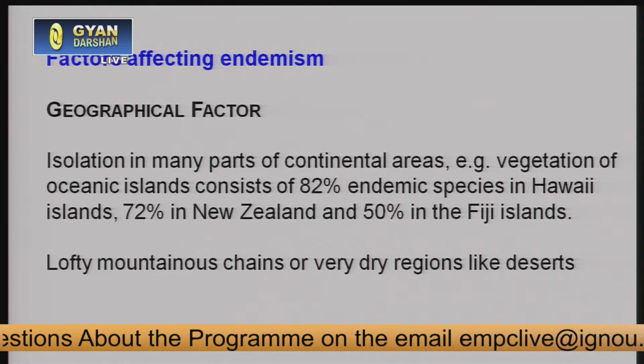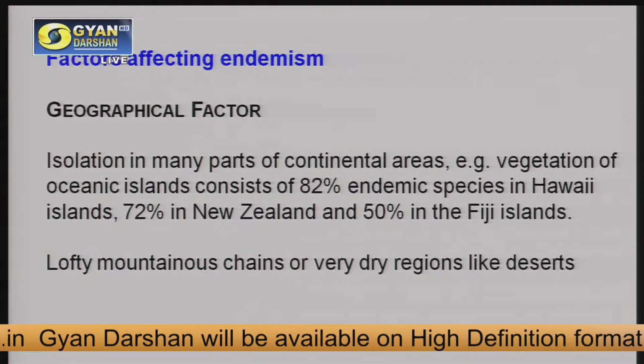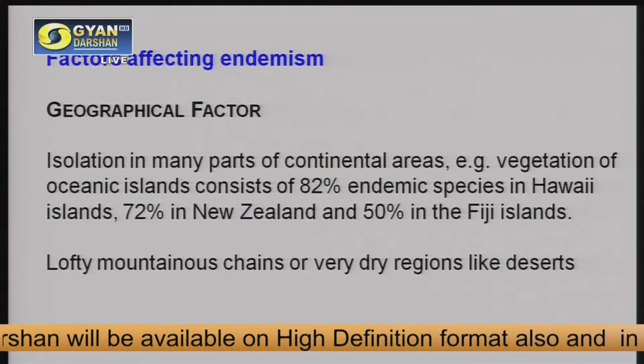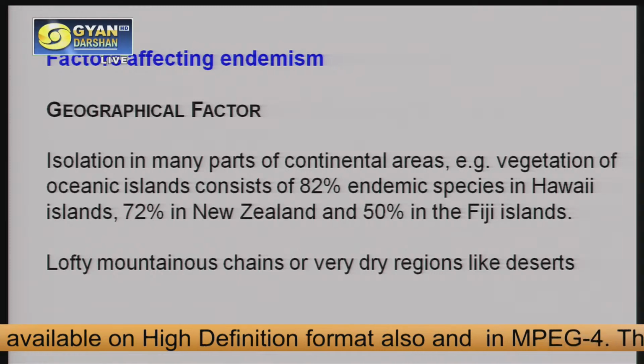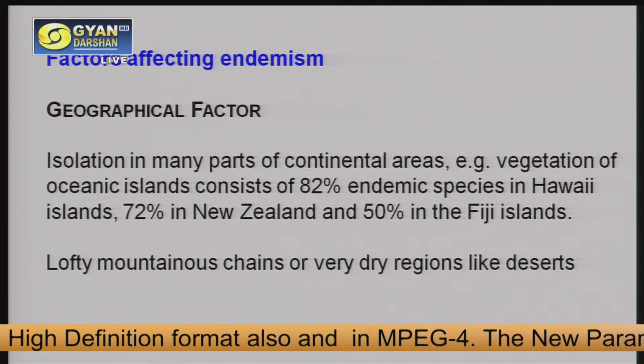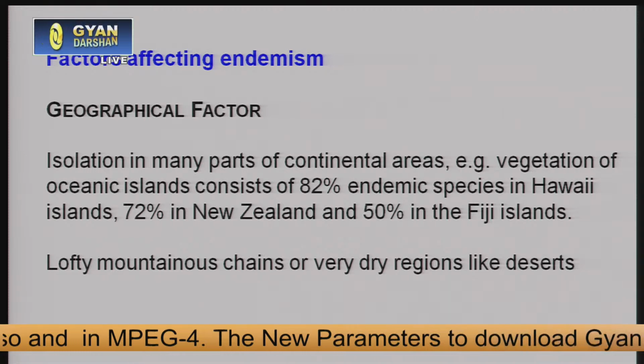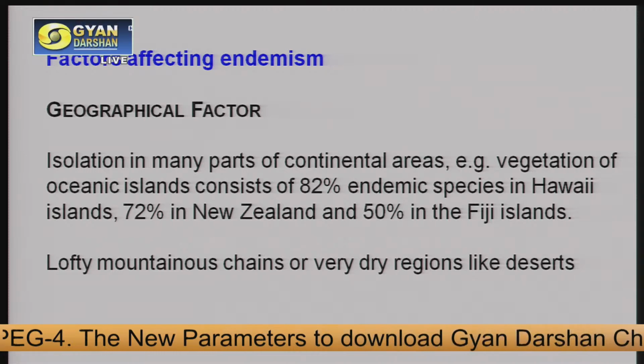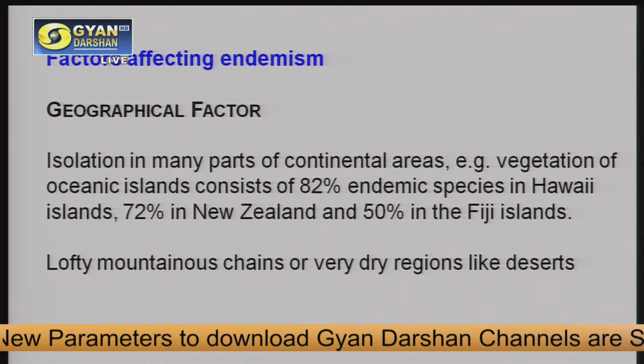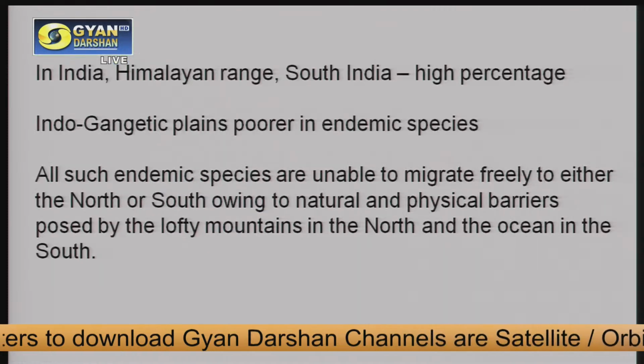That is why in India you also have very rich endemic species, because there are species which cannot cross these barriers. Like you find 82% endemic species in the Hawaii Islands, 72% in New Zealand, and 50% in Fiji Islands. So you have the lofty mountain chains, the deserts, the vast oceans or seas.